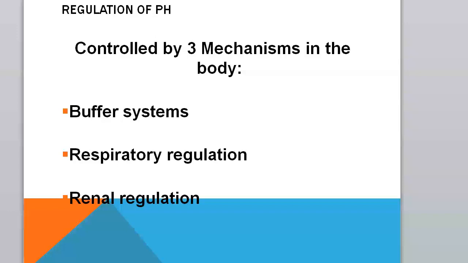Although the kidneys respond more slowly to changes in the pH, anywhere from hours to days, they can generate bicarbonate and selectively excrete or retain hydrogen ions, depending on what the pH is. So I just wanted to make sure you understood these three systems.